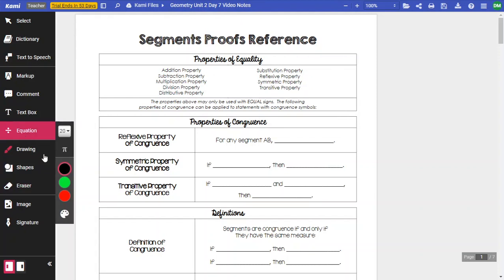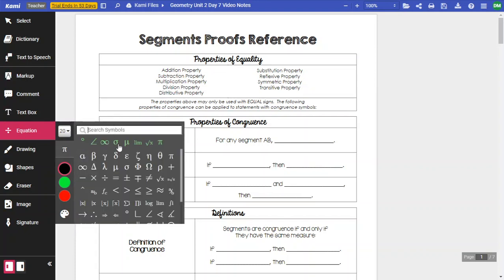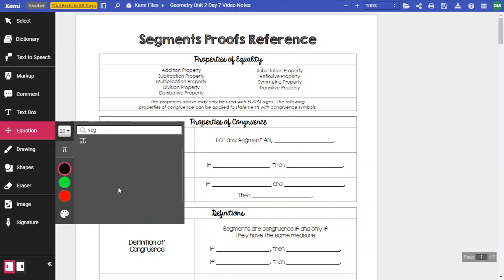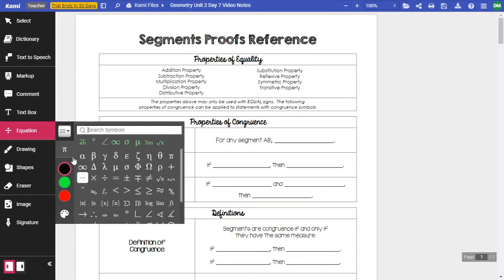Okay, so the reflexive property of congruence says that for any segment AB, then we can say that, and I'm going to use a few tools here in Cami. If I go ahead and type seg, that will get me segments here, and I'm just going to click that to get that on my list of things that I use. So notice that my segment tool is right here. And the other one I'm going to use a lot today is congruence.